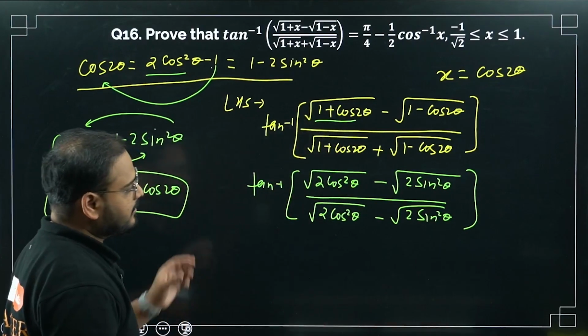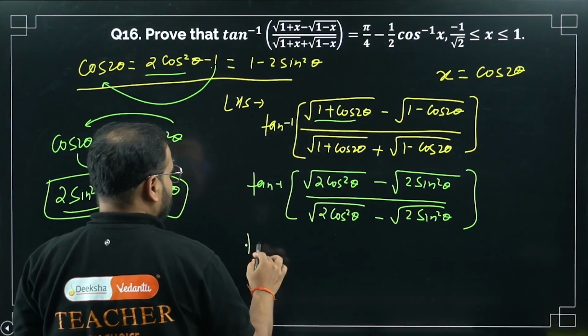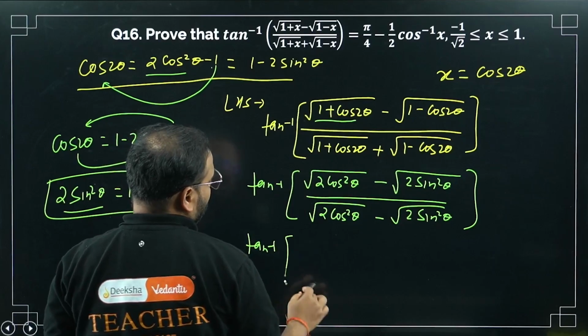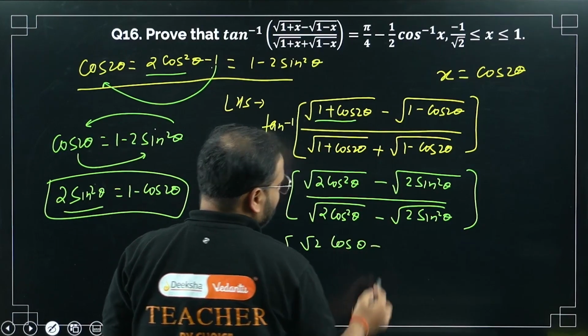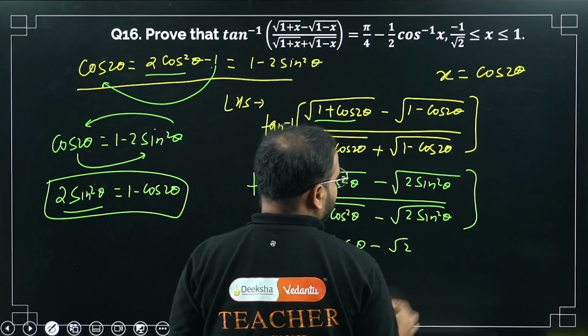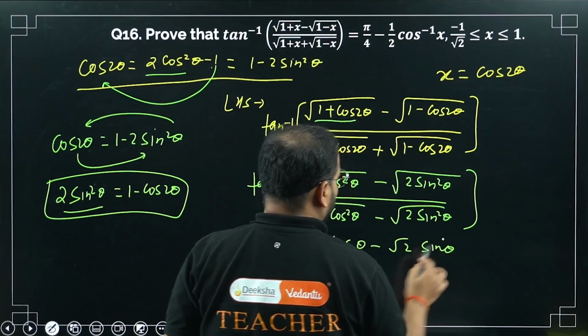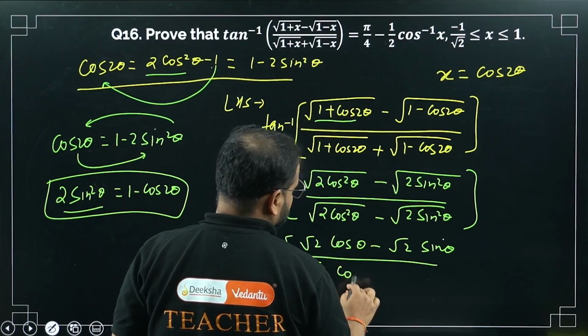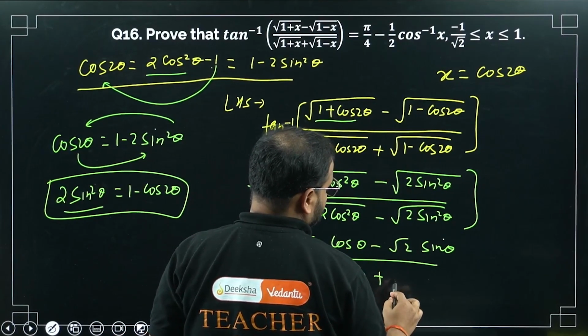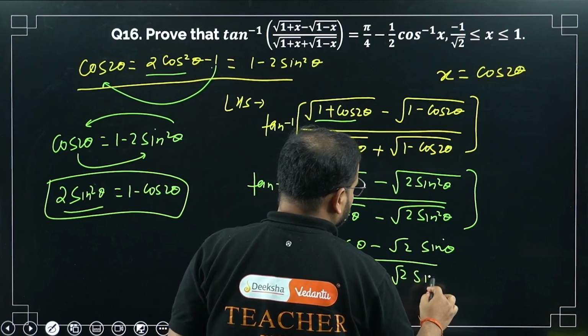Excellent. Now take the root for all the terms. So I'm left with what? Root 2 will come outside. This is simply cos theta minus root 2 again sin theta, upon root 2 again cos theta plus root 2 again sin theta.